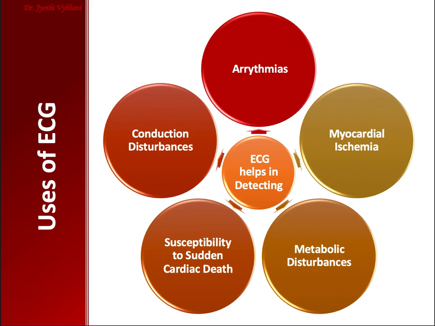Also, it helps in detecting life-threatening disorders like metabolic disturbances like hyperkalemia, and also it helps to detect increased susceptibility to sudden cardiac death like QT prolongation syndromes. These are some of the uses of ECG.